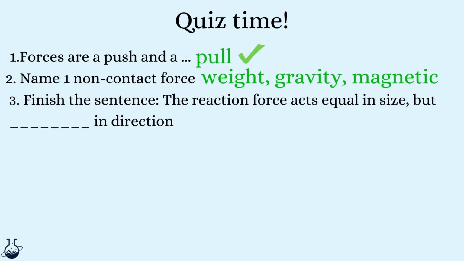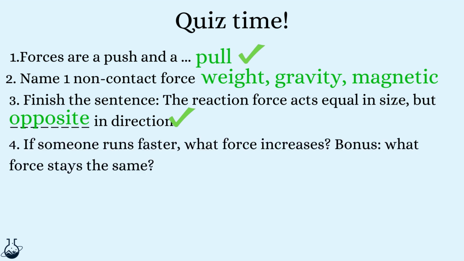Question 3. Finish the sentence. The reaction force acts equal in size but opposite in direction. Question 4. If someone runs faster, what force increases? Bonus point available for what force stays the same.